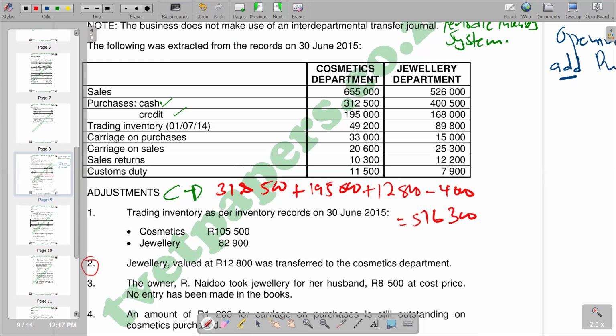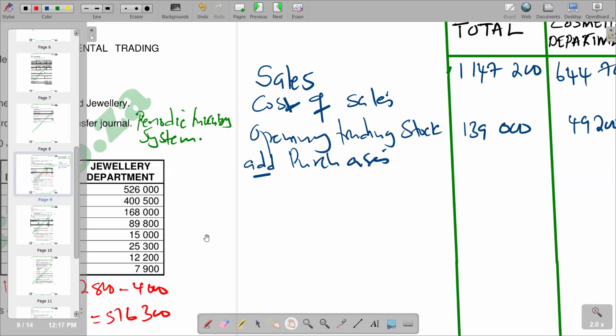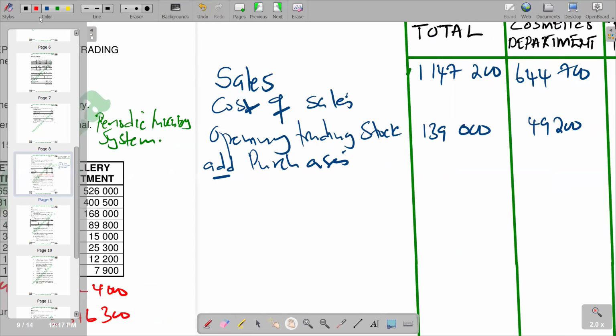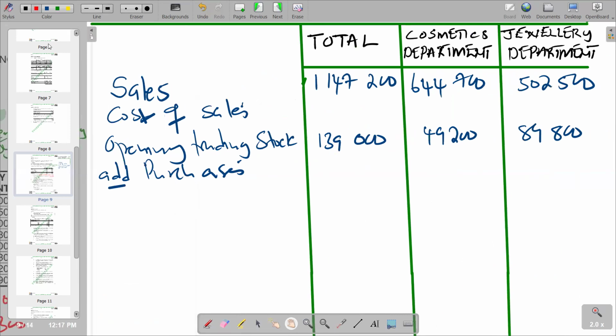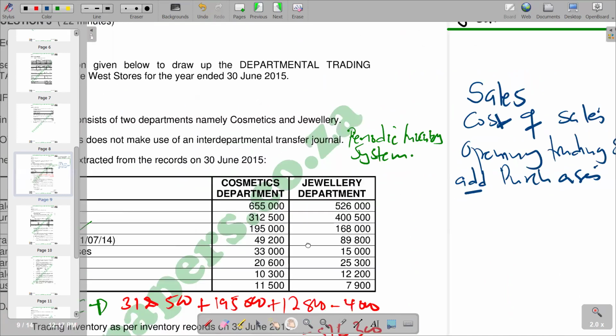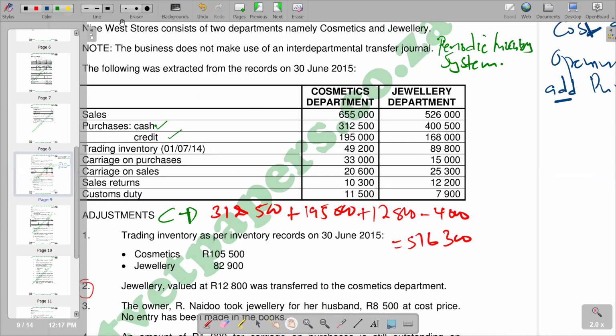This is exactly the amount that we're going to put there. So we come there. So we are saying 516,300. This is for cosmetics. Then we can go and calculate the one for jewelry. So we come here.